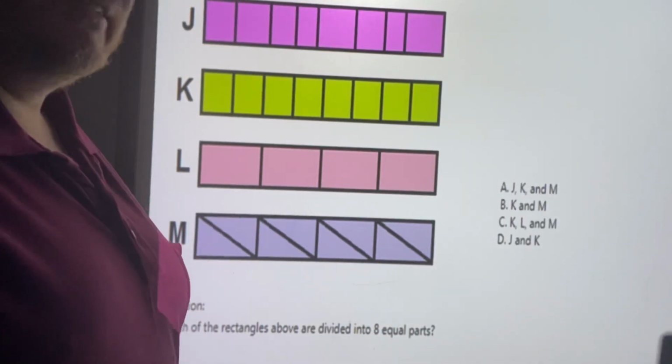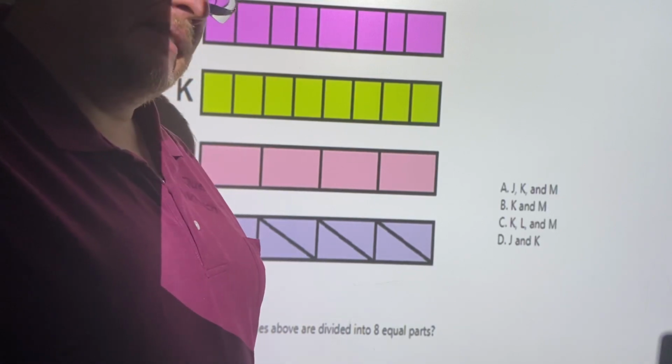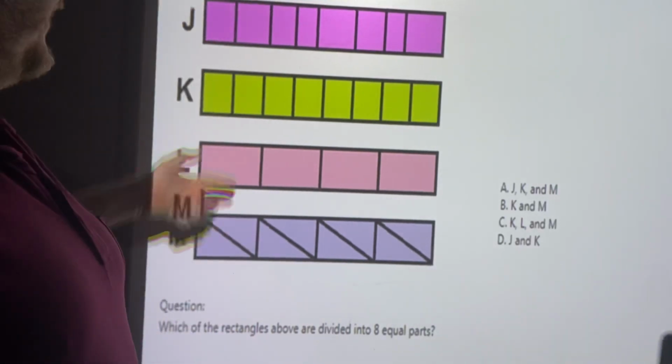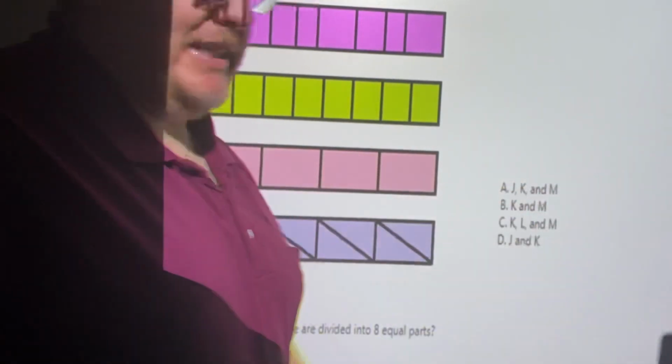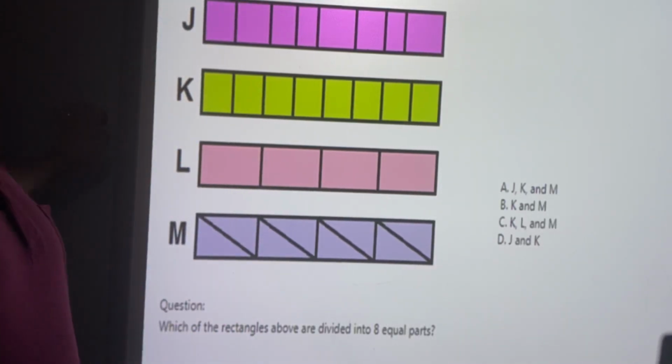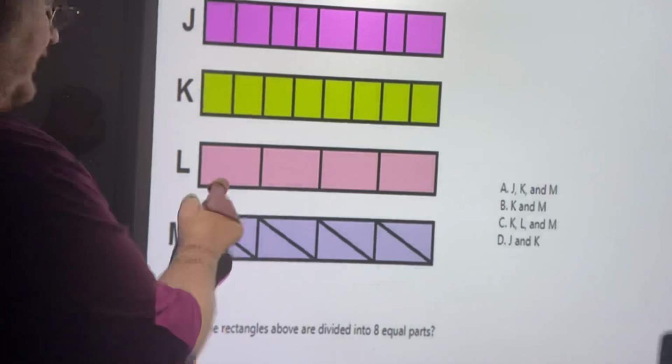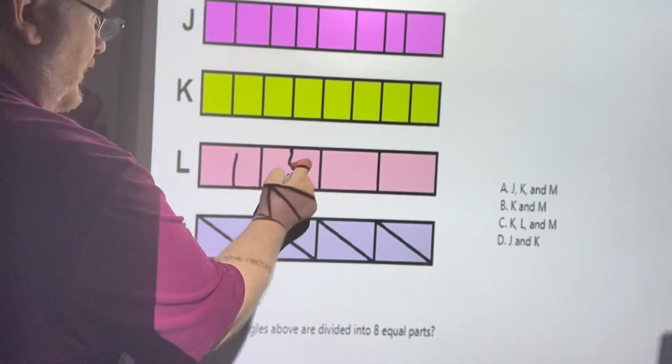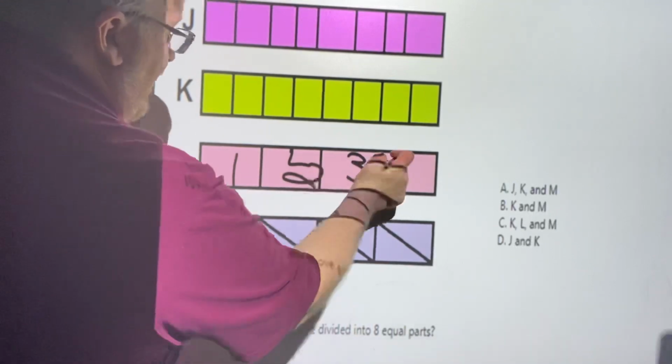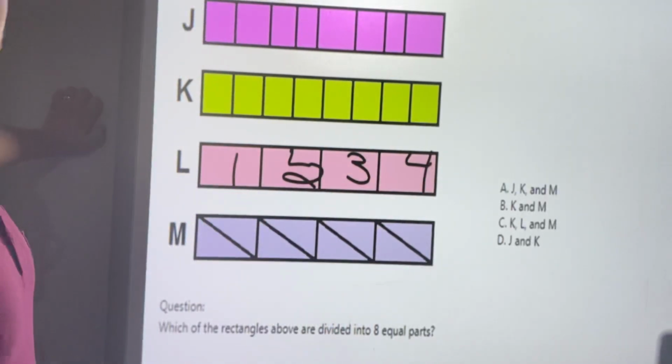Tyler. What are my 2 silly answers? We're not even looking at the answer choices yet. L and J. What's wrong with L? Only has 4. Yeah, 2, 3, 4. It has 4 parts.